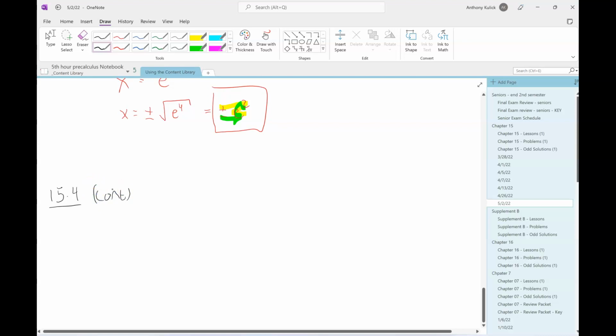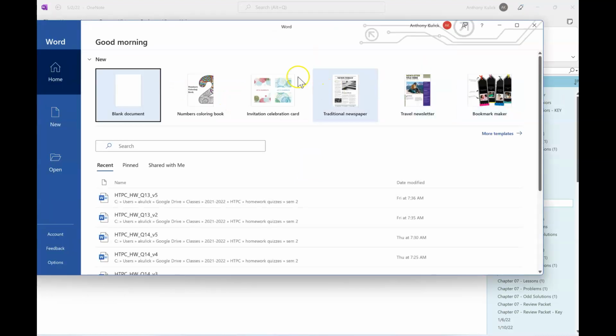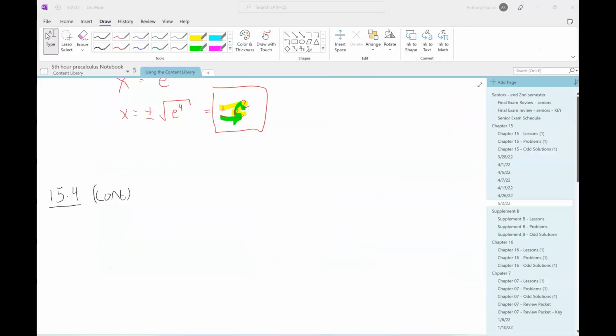The first half of section 15.4, we talked about solving exponential and logarithmic equations. Here in the second half of section 15.4, we're going to be looking at applications, so some real world applications of these exponential or logarithmic equations, and then solving some of these real world contexts.